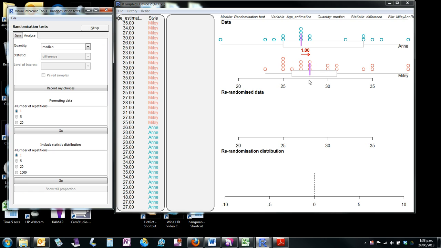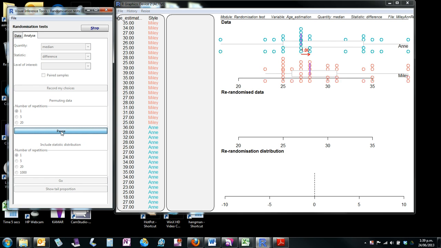So Miley was estimated at 28 and Anne at 27 years old, and so the actual test itself is to mix up these two groups and see if we get a chance difference of age of just 1 year.